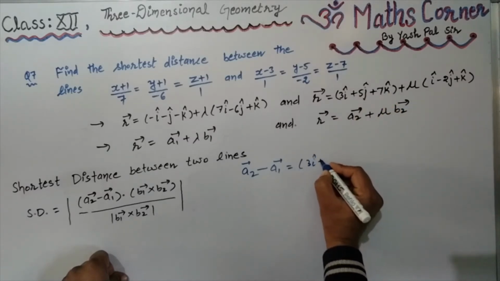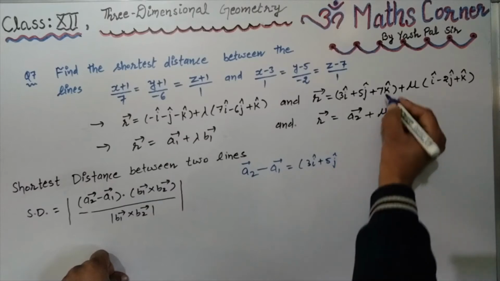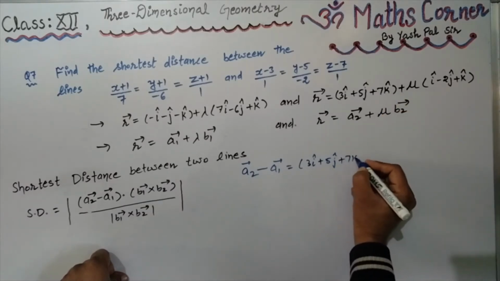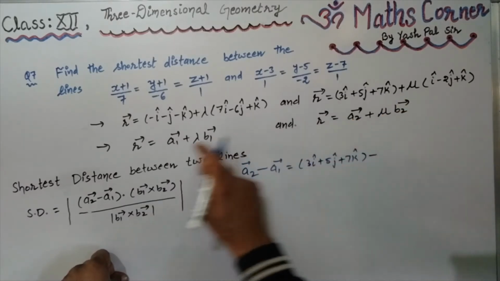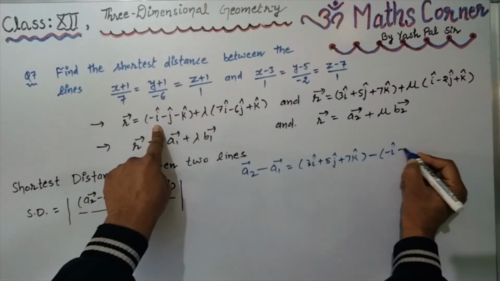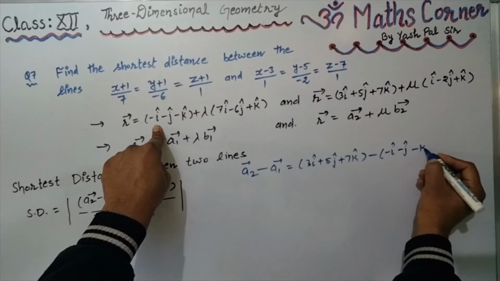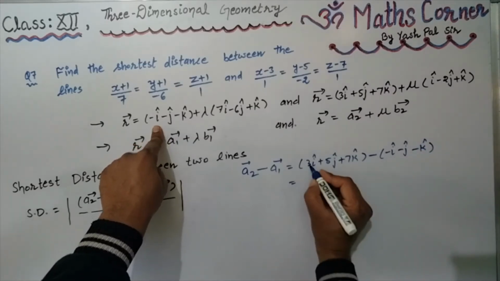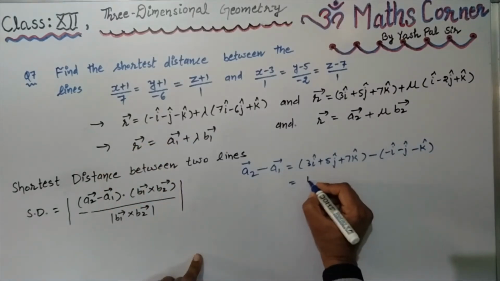a2 minus a1: a2 is 3i plus 5j plus 7k, minus a1, which is minus i minus j minus k.